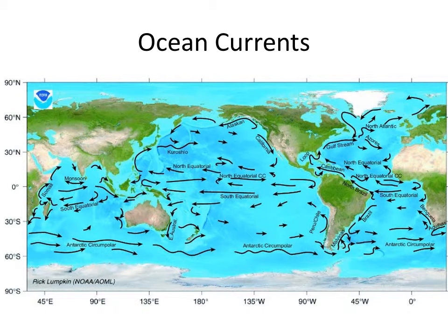Likewise, ocean currents are driven by uneven heating of the Earth's surface, and also by the fact that warm air rises and cold air sinks. So here are the prevailing ocean currents.